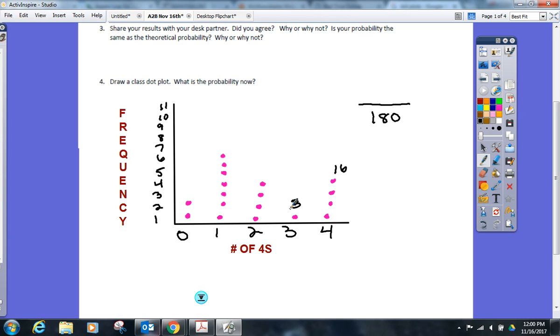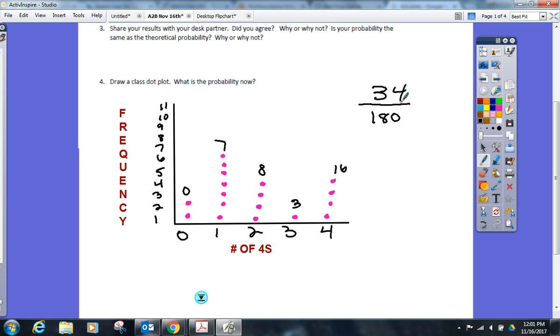How many here? 8. How many here? 6, 7, and then obviously 0 here. So how many 4s came up out of the 180? Want to add them up with me? 19 and 15, 34 4s total out of 180.